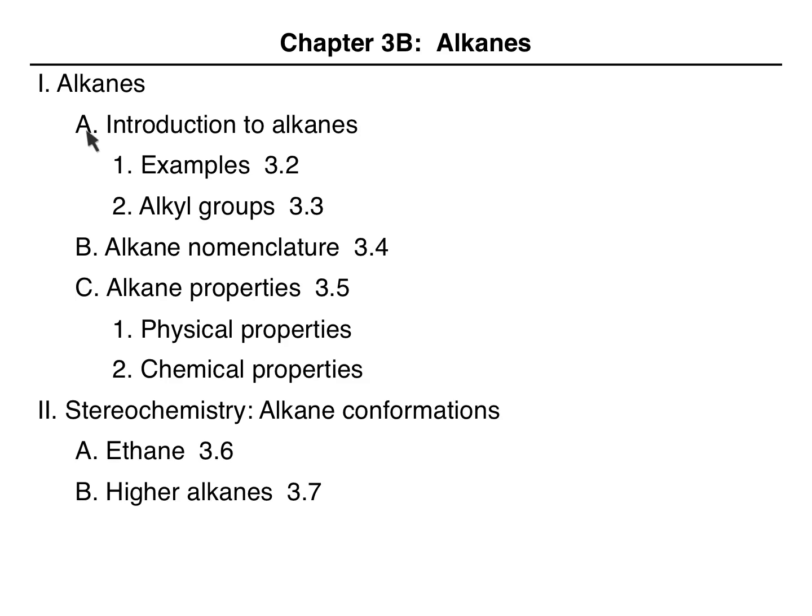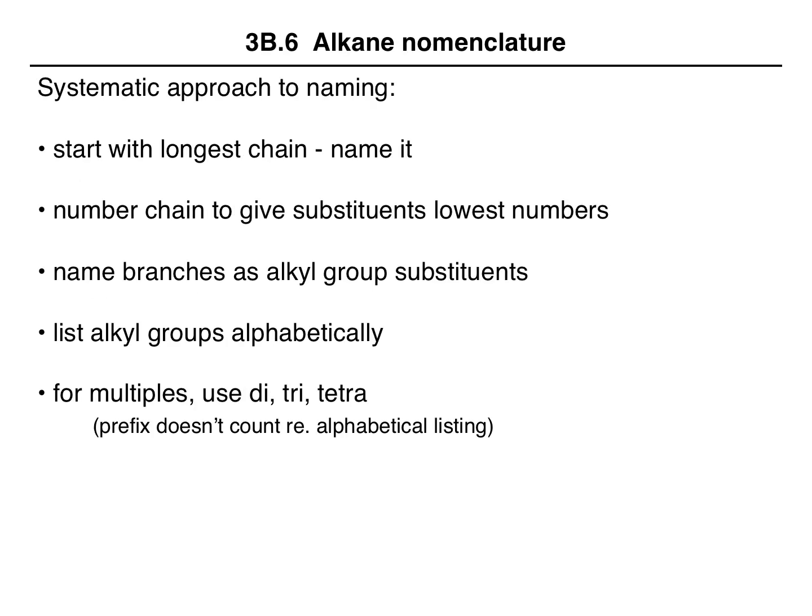Now that we've seen some examples of alkanes, we're going to start to focus on the systematic approach to alkane nomenclature. So our systematic approach to naming is called the IUPAC system, which stands for the International Union of Pure and Applied Chemistry.